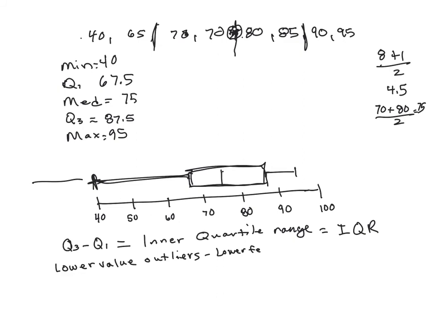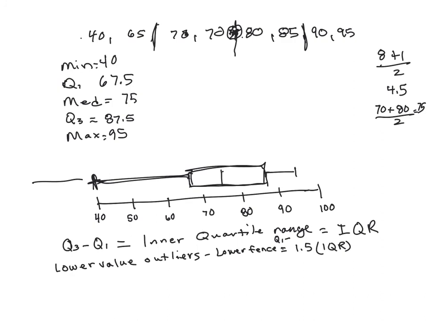Any value that's lower than this fence we can outcast if we want to. So that is going to be equal to Q1 minus 1.5 times the interquartile range. My interquartile range in this case is 87.5 minus 67.5, so that's going to be 20.